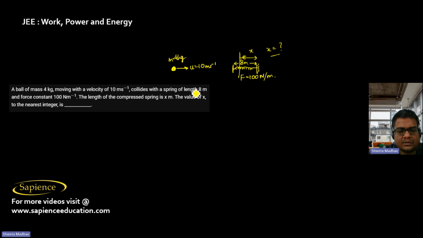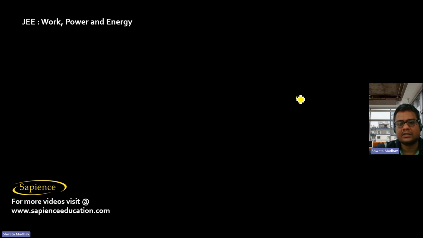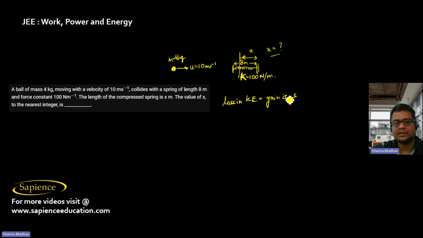Spring of length 8. Force constant means it is the spring constant k. So therefore here we can say that the loss in kinetic energy will be equal to the gain in spring potential energy. The loss in kinetic energy is the initial kinetic energy, half m u square, minus the final kinetic energy, which is 0.